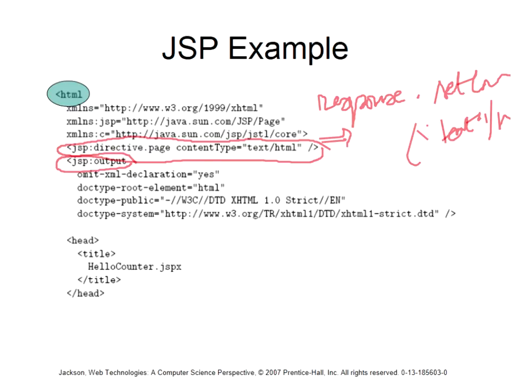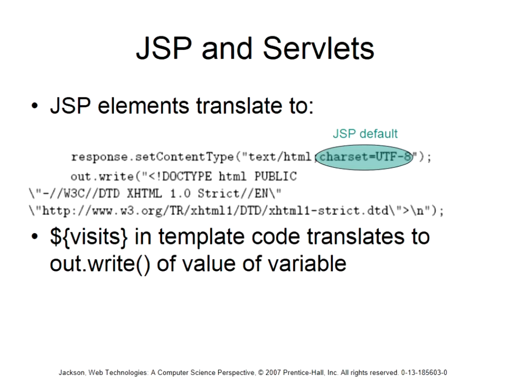Also, GSP output will be translated to out.write, etc. So response.setContentType here for the first and out.write for the second.